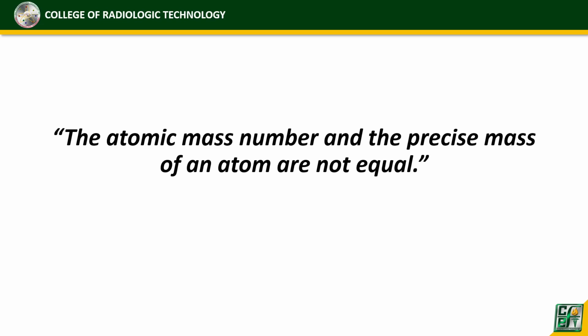So, the atomic mass number and the precise mass of an atom are not equal. So, yan nga yung sinabi ko kanina na yung atomic mass number, whole number siya, di ba? At yung mass ng atom ay hindi sila equal kasi precise yung mass ng atom. Hindi siya whole number.